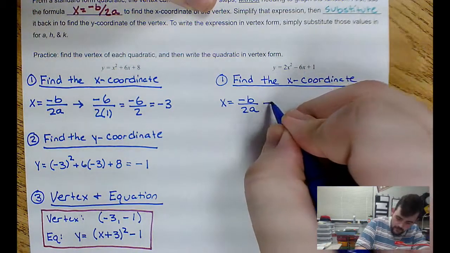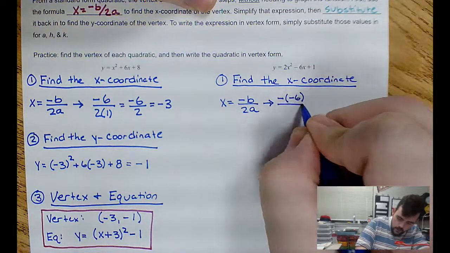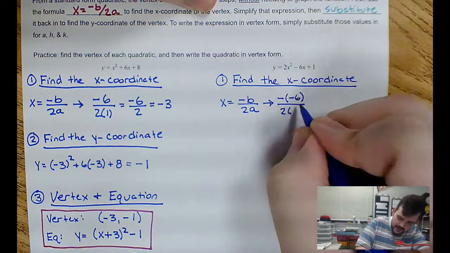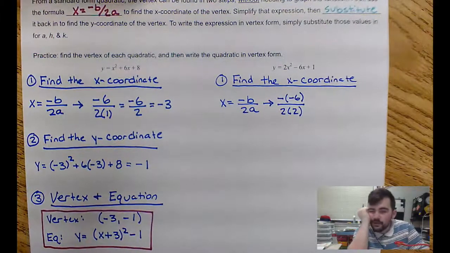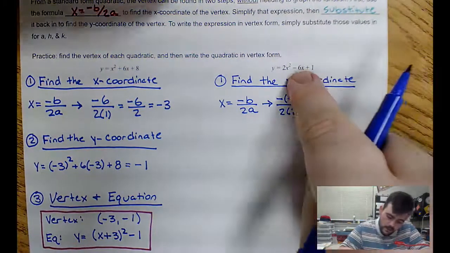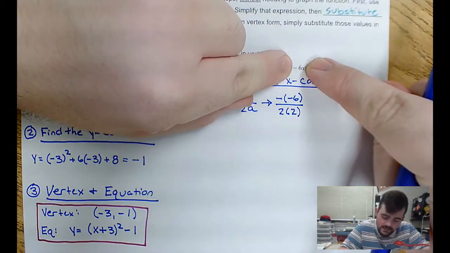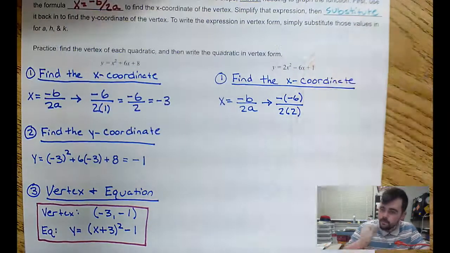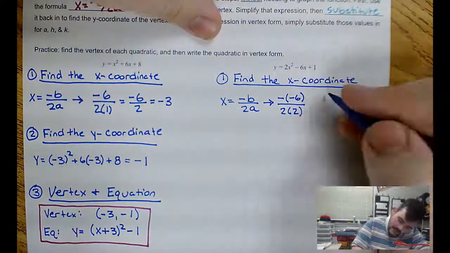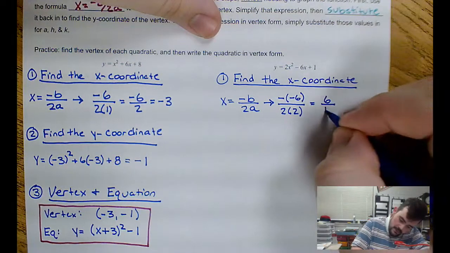So be really careful there. -6 over 2 times a, which is 2. Another way to think of that negative b part is just the opposite of b. Here, b is the -6 in front of x. So if that says -6x, this is a -6. Okay? So negative -6 is +6 over 2 times 2, which is 4.